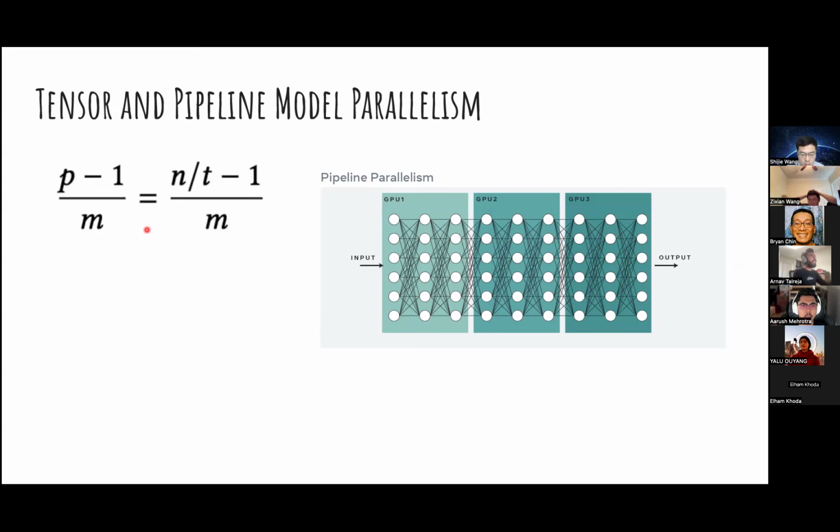From that, we can calculate the value of P as n over T, which will give us the new formula on the right. What we can observe here is that when the value of T is increased, bubble time decreases.